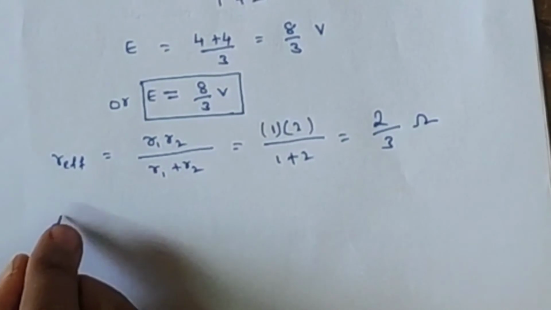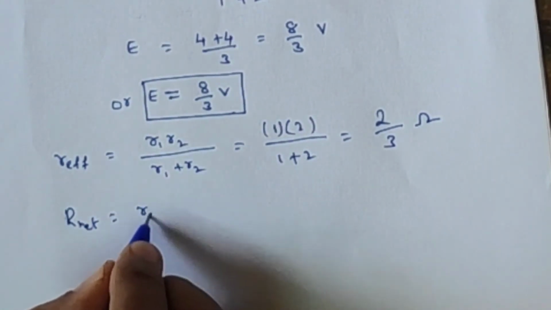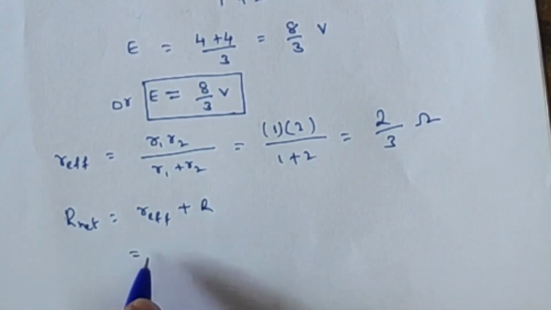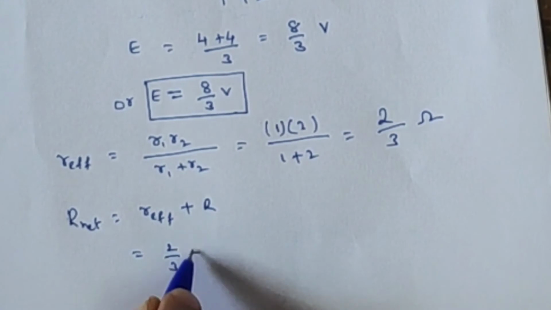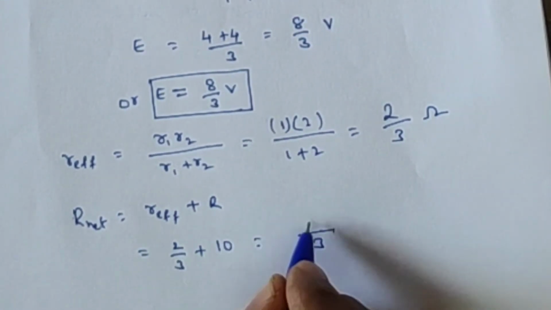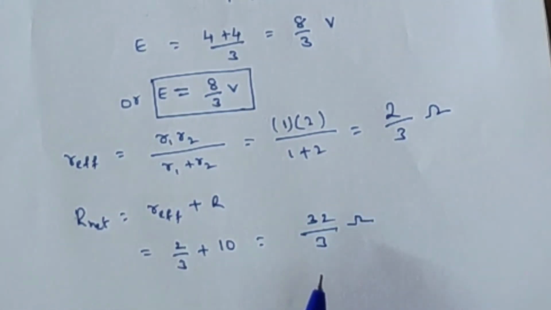Okay, so R net equal to R effective plus capital R. R effective is 2 by 3 plus 10. This is 30 plus 2 is 32 by 3 ohm.